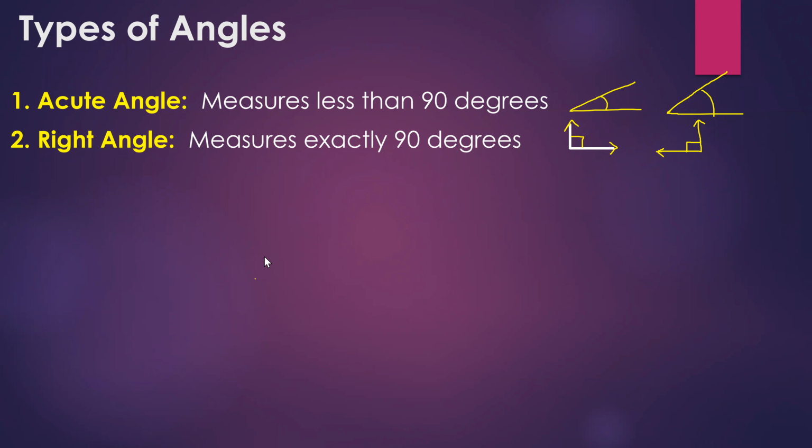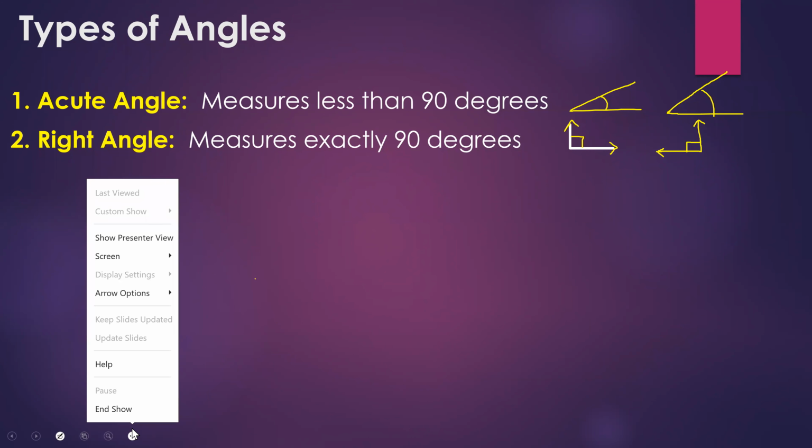How about you, Shekinah? What is a right angle? A right angle measures exactly 90 degrees. Very good. A right angle measures exactly 90 degrees.